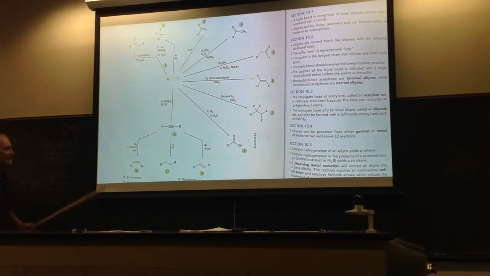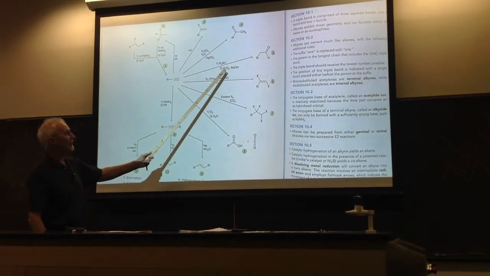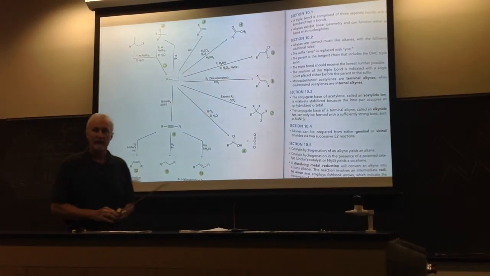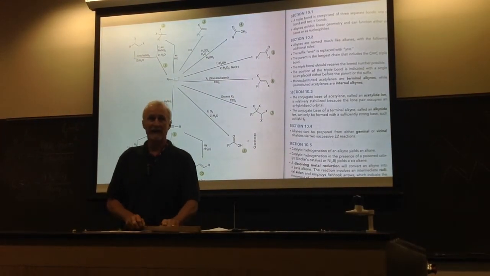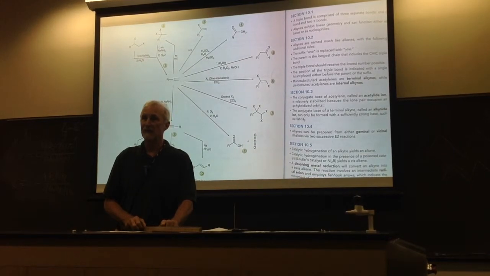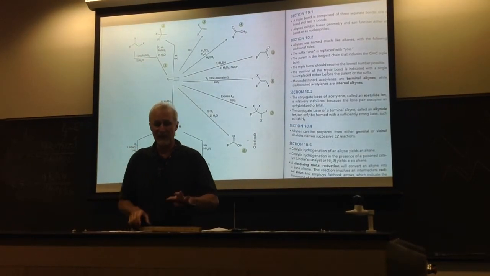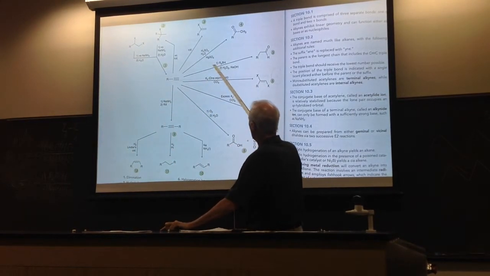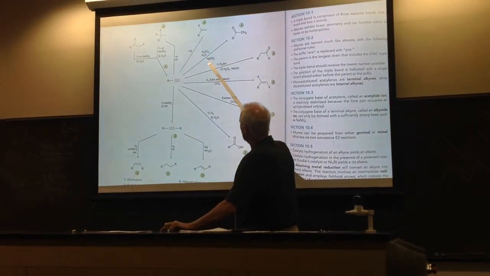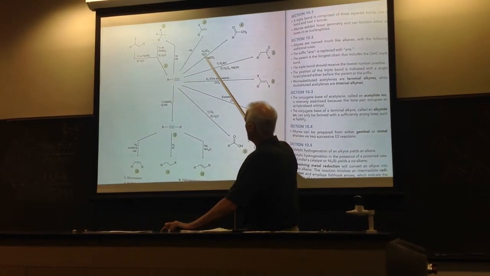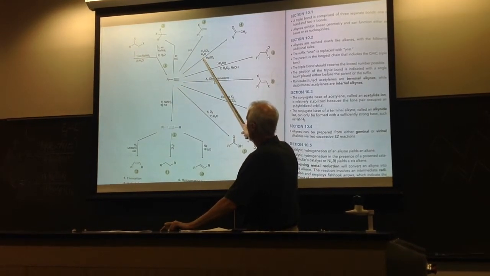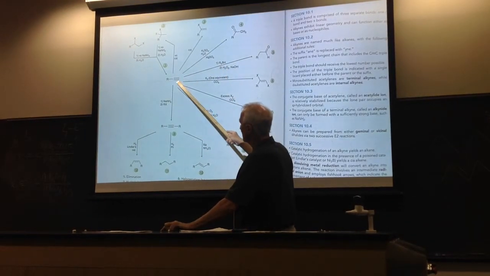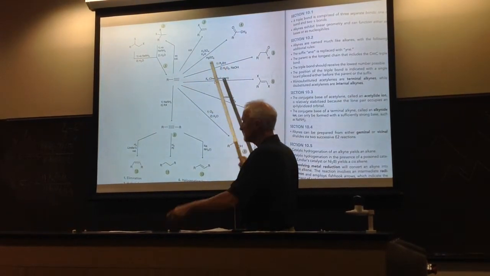So the key is, if you see a boron compound followed by hydrogen peroxide and sodium hydroxide, it's going to be addition of water across the pi bond in anti-Markovnikov fashion. The reagents aren't exactly the same for alkenes and alkynes, but they're pretty close. The mercury compound is used for both alkynes and alkenes. The boron compound is used for both alkynes and alkenes. Just slightly different.